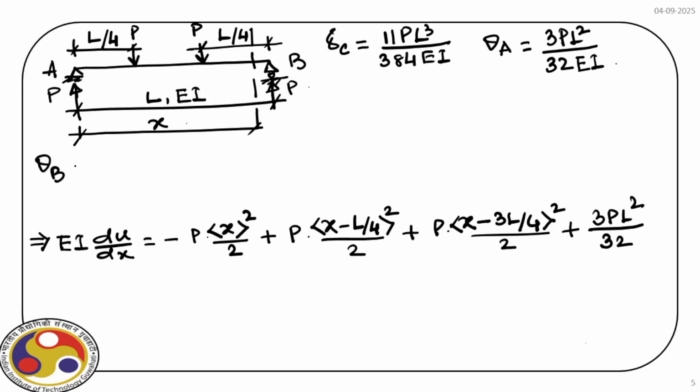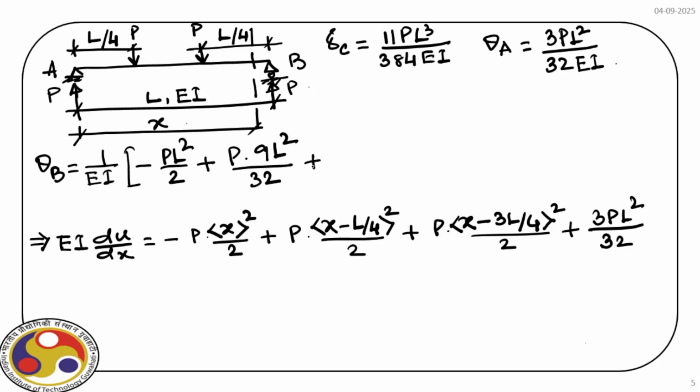So theta B is equal to 1 by EI, and then within bracket we have minus PL square by 2 plus P times L minus L by 4, so 3L by 4 square, that means 9L square divided by 32, plus we have P by 2 and then L minus 3L by 4, so that is L by 4, so we have L square divided by 16, plus 3P L square divided by 32.